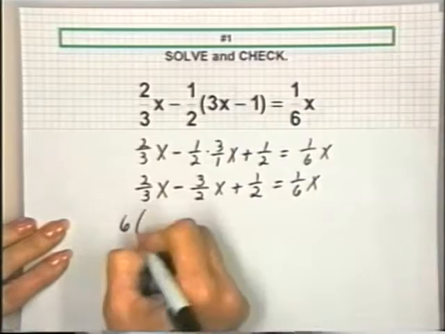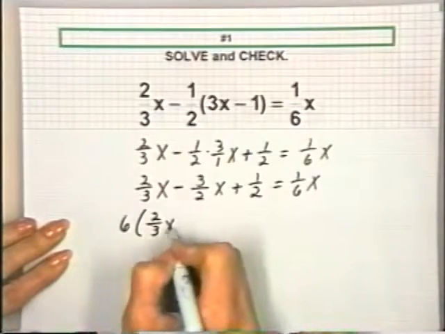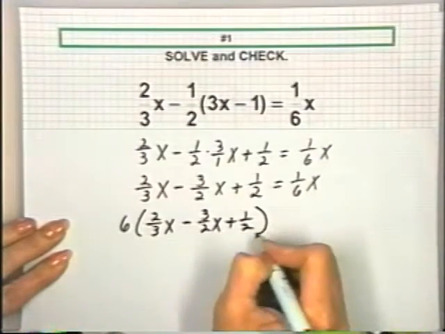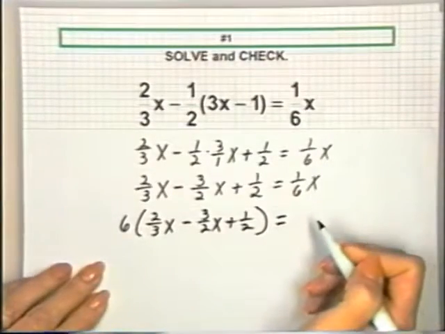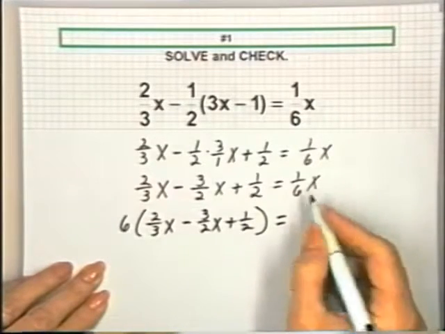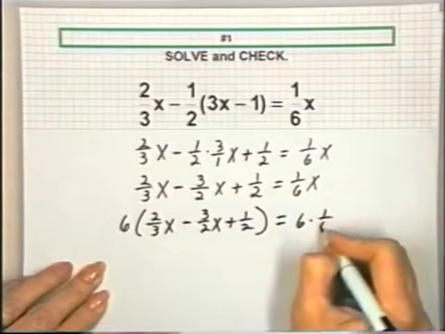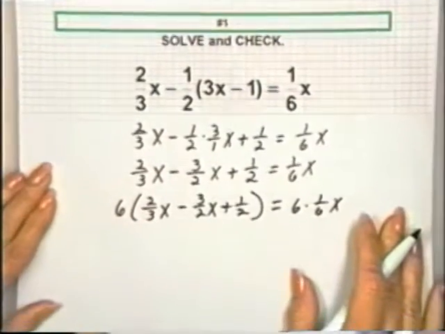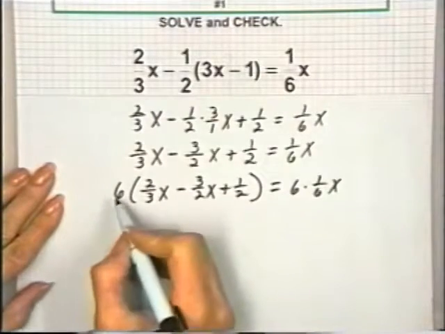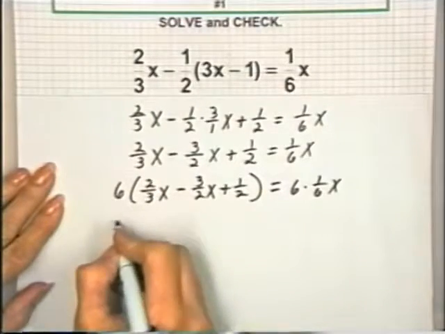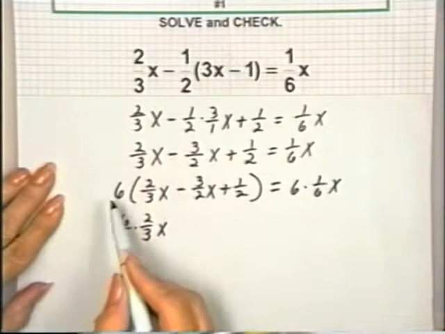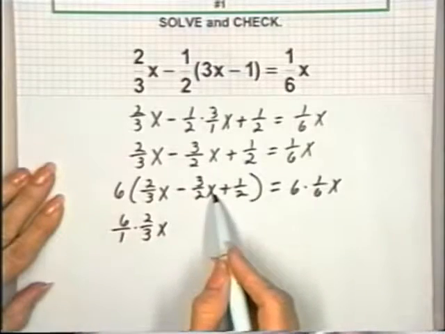I will have 6 times 2/3 x, subtract 3/2 x plus 1/2 equals, and on the other side of the equation, I will say 6 times 1/6 x. On the left, I need to distribute the 6. I will say 6 times 2/3 x, 6/1 times 2/3 x. I will say 6 times negative 3/2 x.